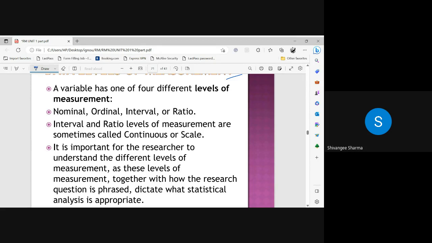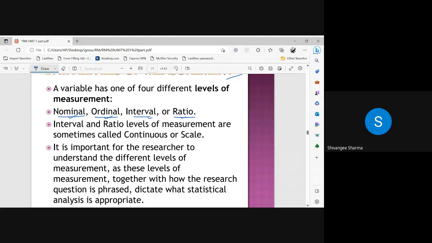Four basic scales are there in research, and that is nominal scale, ordinal scale, interval scale, or ratio scale. So the variables which you are going to study in your research will be either nominal, ordinal, interval, or ratio.